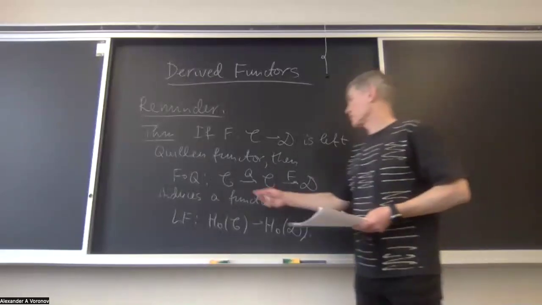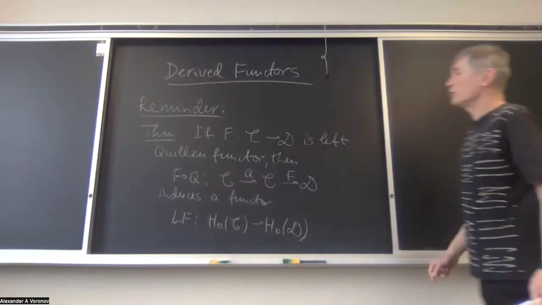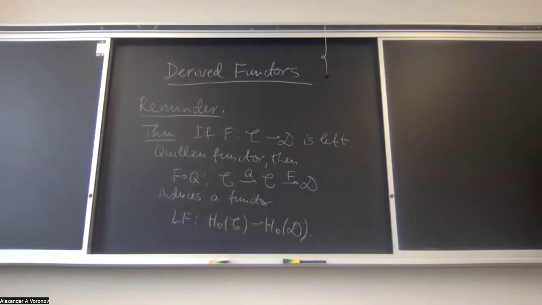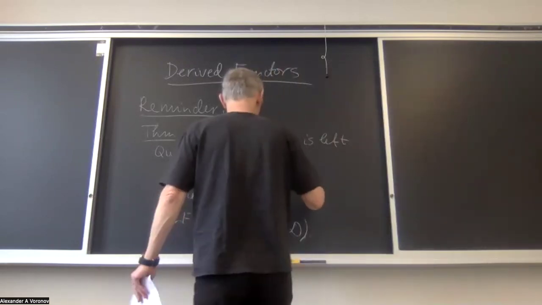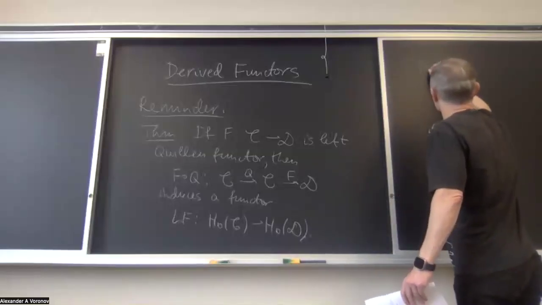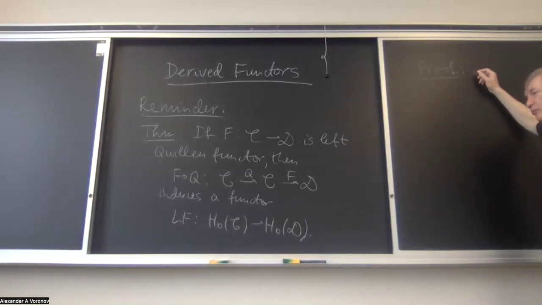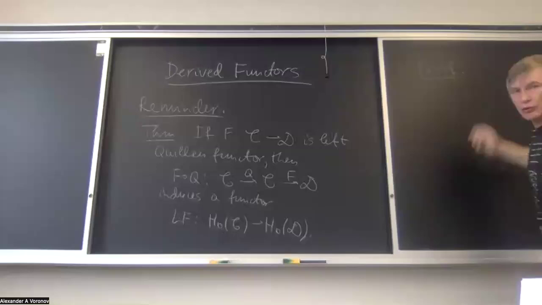So we just need to see that F composed with Q, when we compose it with the inclusion into the homotopy category of D, induces this. Let me just prove this. The main thing there is Ken Brown's lemma, which I wanted to prove today.